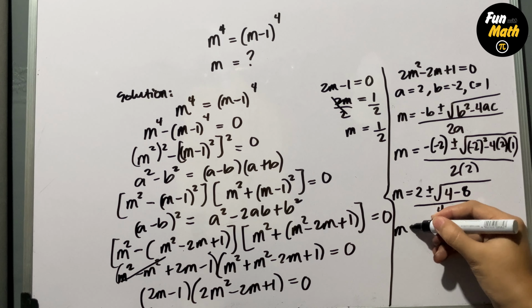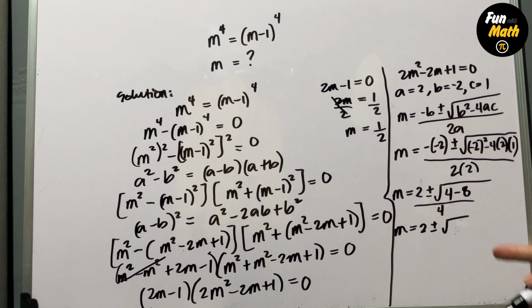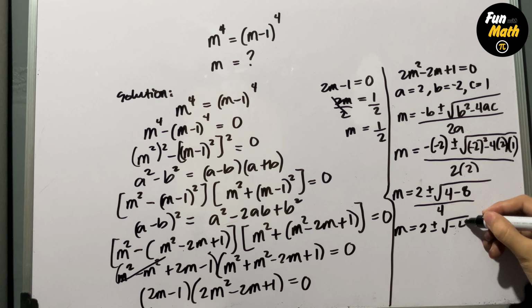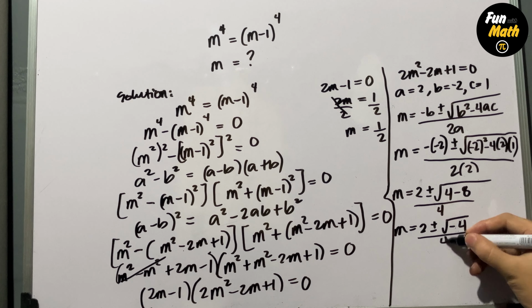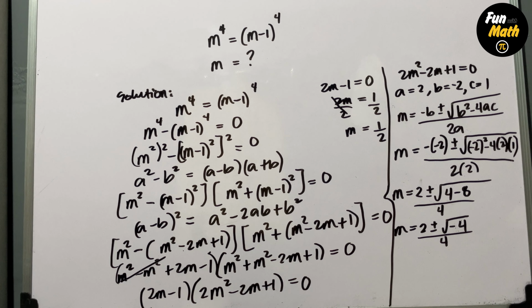Now, m is equal to 2 positive negative square root of 4 minus 8, that is negative 4, all over 4. And for this, square root of negative 4, we can split that into square root of 4 times square root of negative 1.